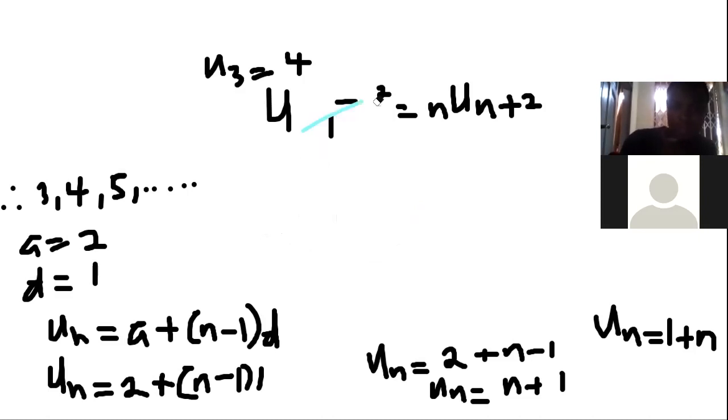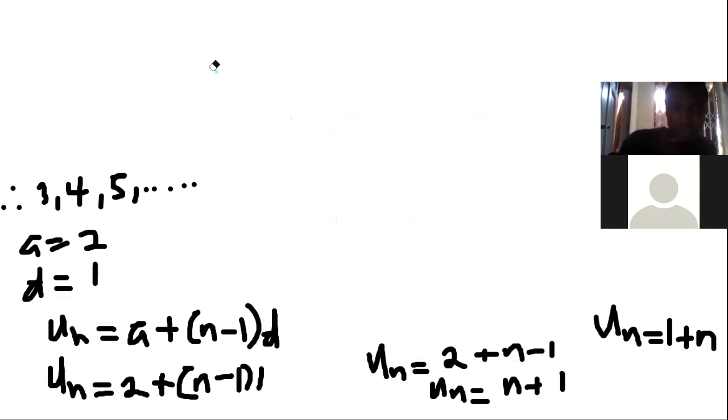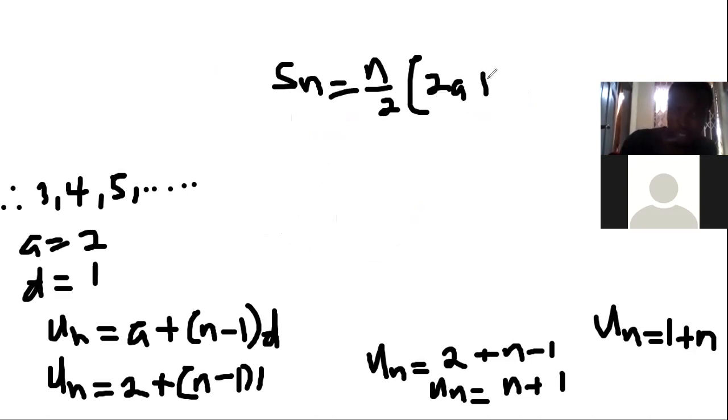So the sum is equal to n all over 2 into bracket 2a plus (n minus 1)d.